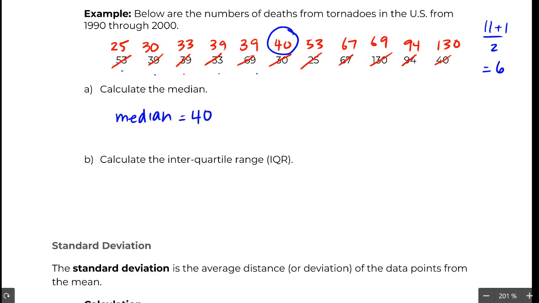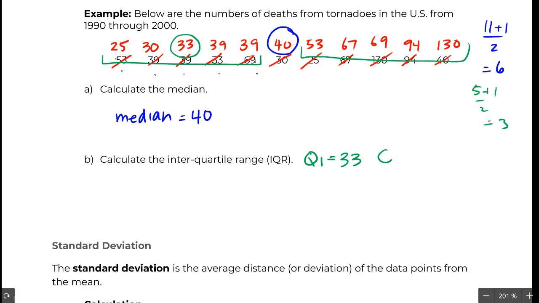And then our IQR, again, we're not going to include that, and we're just going to think of these 5 and these 5 as our lower and our upper half for our Q1 and Q3. So Q1 is the median of that lower half, which I can visually see here. Again, if I wanted to, 1, 2, 3, 4, 5. 5 plus 1 over 2. I'm looking for the third thing, which is 33.